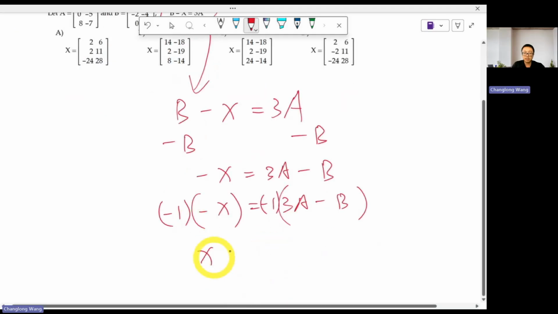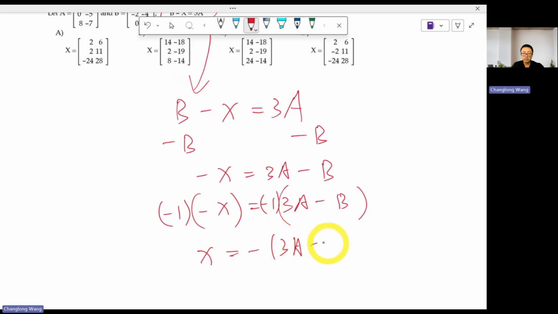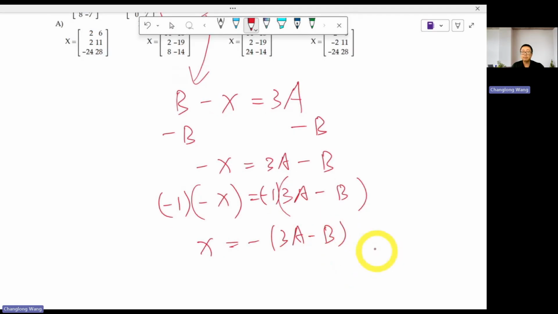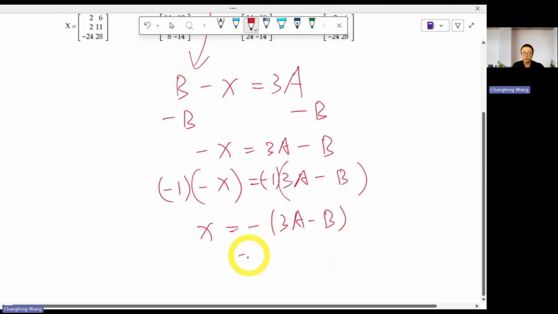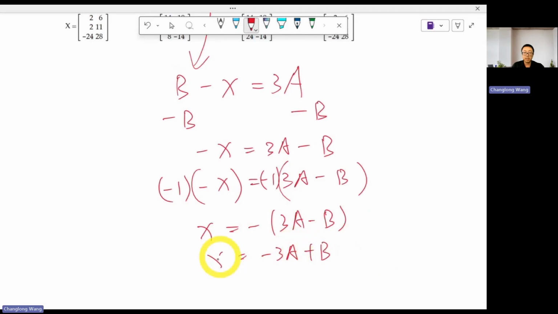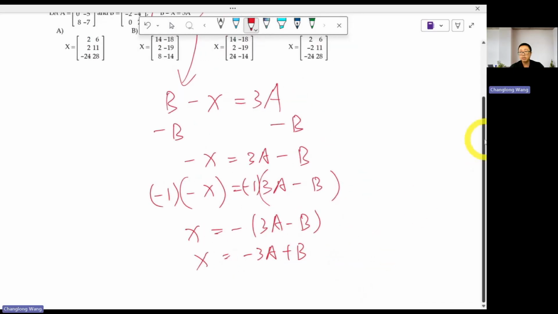So it reads X equals negative 3A plus B, or if you feel like distributing the negative sign, negative 3A plus B. Either way, that should be what X is supposed to be.